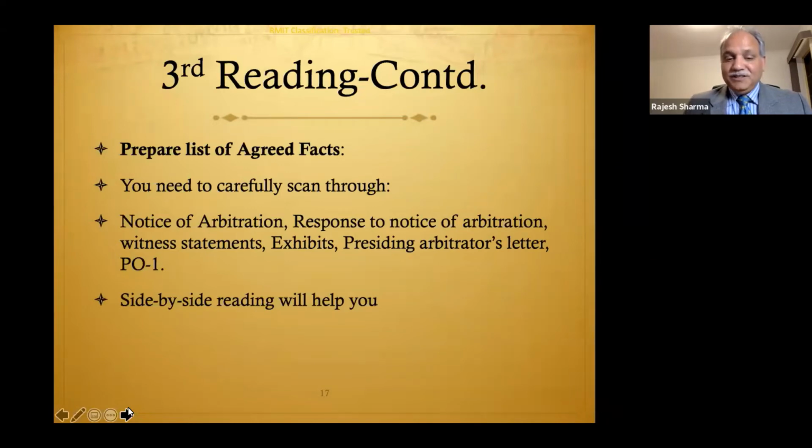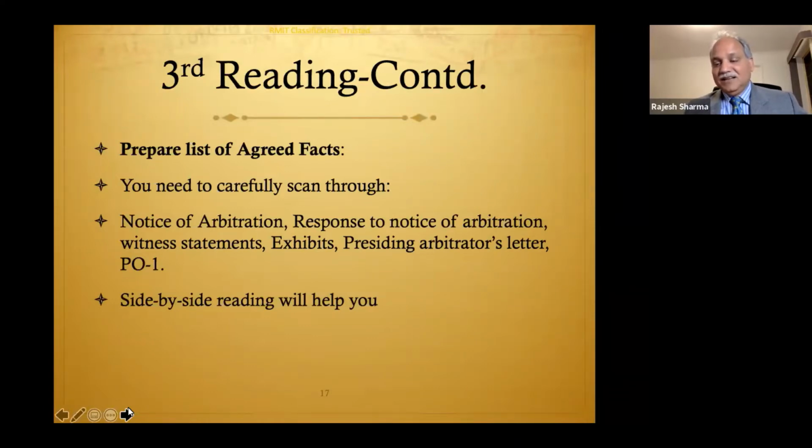For example, this year, the parties have agreed that they will use the 2021 rules, although the contract said something else. A good team prepares these facts carefully, and it is very important. In the argument stage, you can just say that respondent has already agreed to this fact, and you can say, Mr. Arbitrator, you can see page 35, paragraph 2, there they have stated this.